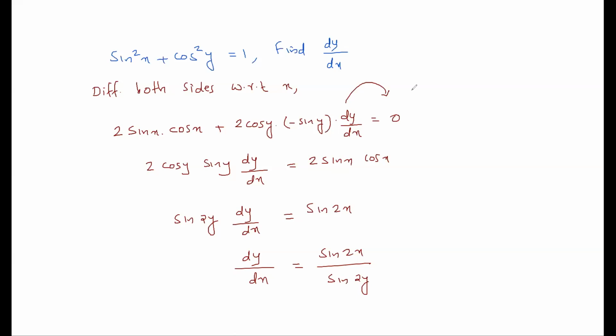That type of functions are generally known as implicit functions. For finding the derivative of that kind of functions, you have to differentiate both sides with respect to x, then collect the terms containing dy by dx on one side and then take dy by dx common. Then from there you can easily find dy by dx or the derivative.